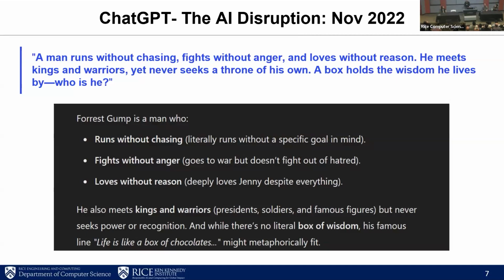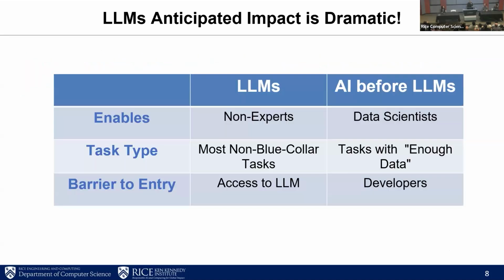And while there is no literal box of wisdom, his quote, "Life is like a box of chocolates," might metaphorically fit. So this was an alternate form of memory at scale that is literally something that we have not seen. It was different. And when done at scale, it created ChatGPT.